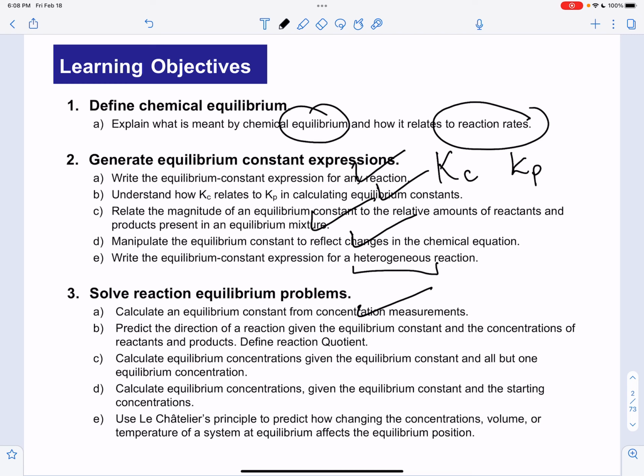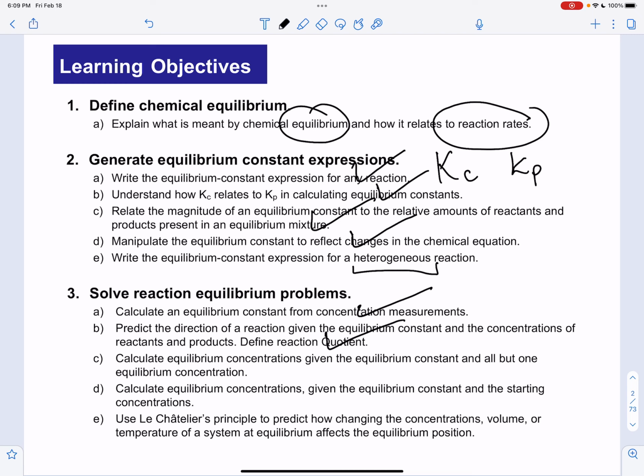Based on the equilibrium constant and initial concentrations, we are going to be able to predict if the reaction is going to move toward the products or toward the reactants by comparing the initial concentrations to the equilibrium constant value.